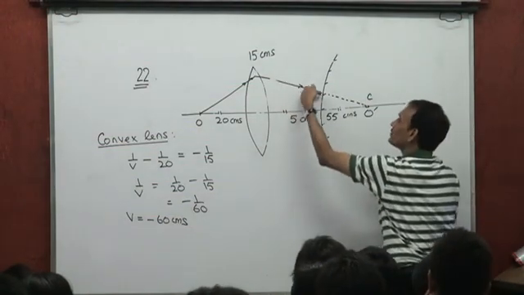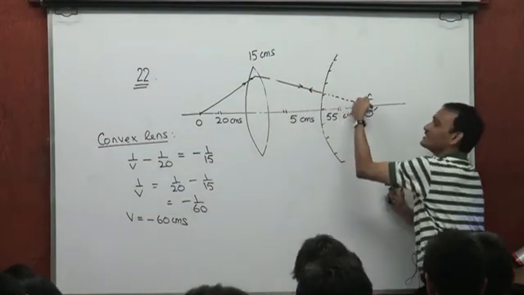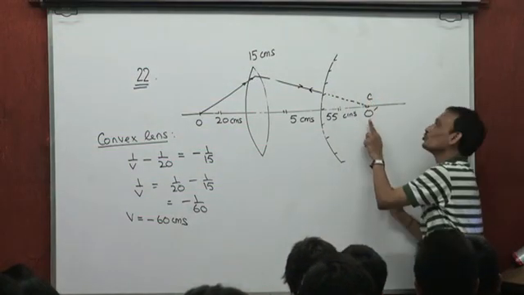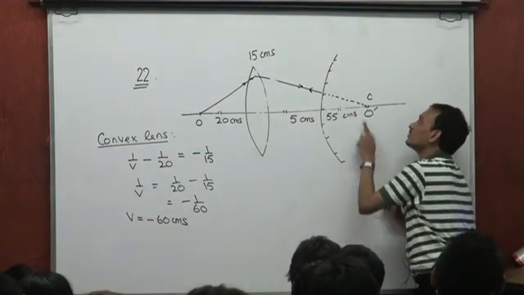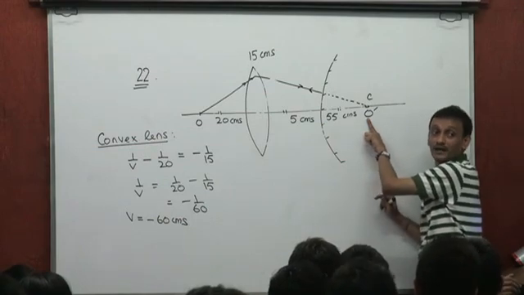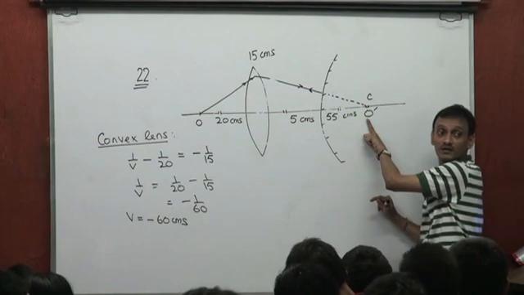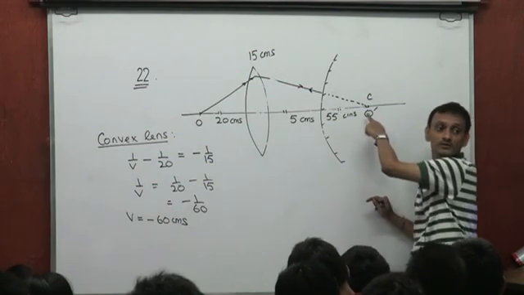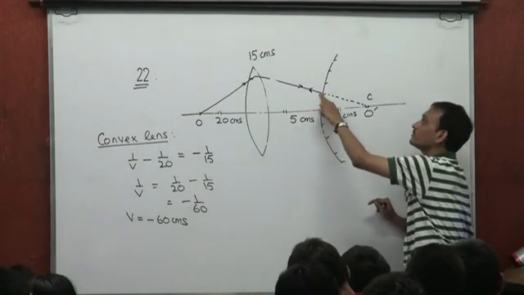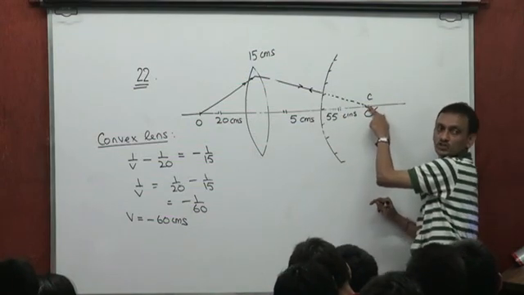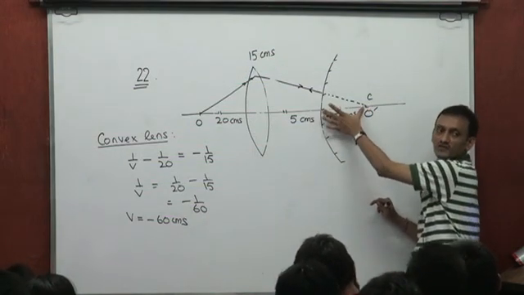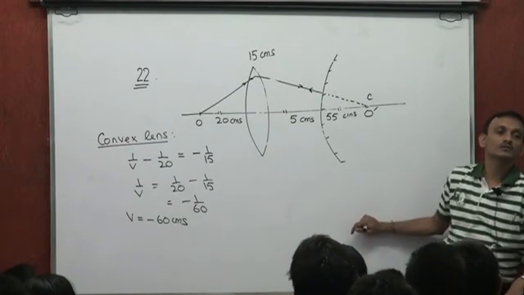So, this is a normal to the mirror. When you produce it, it must pass through the center of curvature of the mirror. So, this, in the absence of the mirror, would have been O prime, the final image. But now, it's the center of curvature of the mirror as well. That's when it will be incident normally on the mirror. And when it's incident normally, that means this is the center of curvature. So, this must be the radius of curvature of the mirror, which is 55 cm.